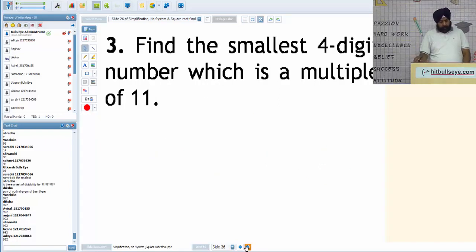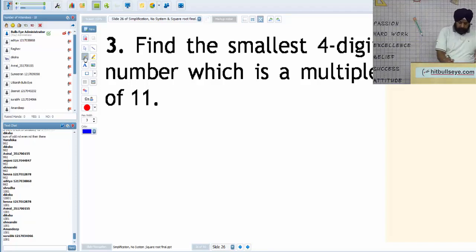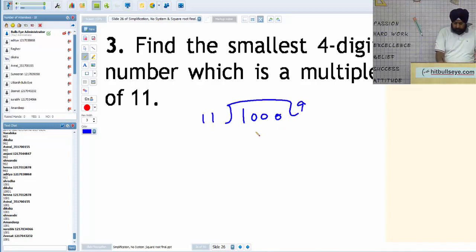Find the smallest four-digit number which is a multiple of 11. Shraddha, 1001. Very quick. Good. Yes, all of you are correct. Very simple: take the smallest four-digit number, 1000, and divide it by 11. 11 nines are 99, so you get 10 as remainder.